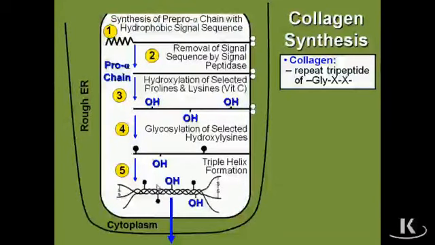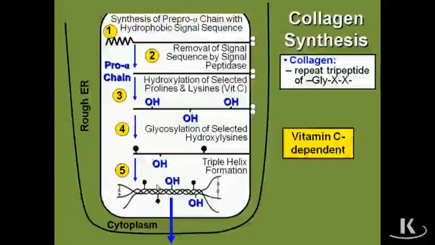So it goes from the rough endoplasmic reticulum out into the cytoplasm. Just to remind you, the vitamin C dependent step here is shown with my cursor here. It's the proline and lysine hydroxylase. Proline and lysine hydroxylase require vitamin C. If vitamin C is deficient, what disease do we get?